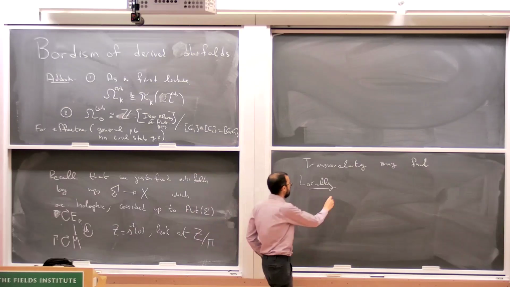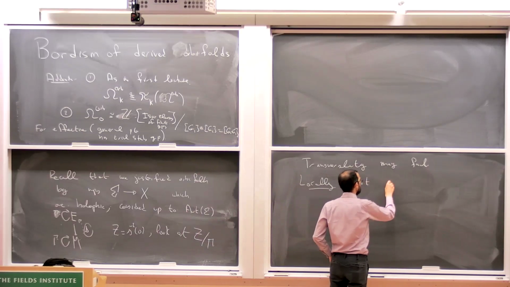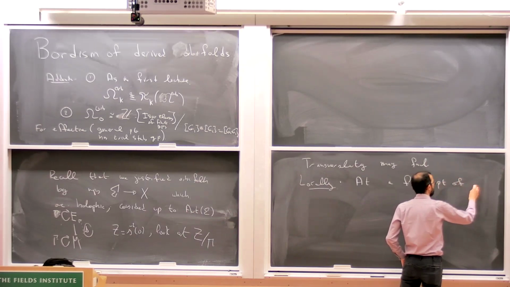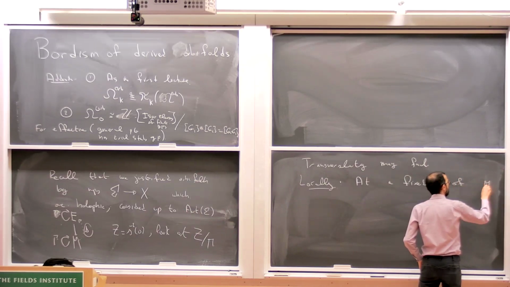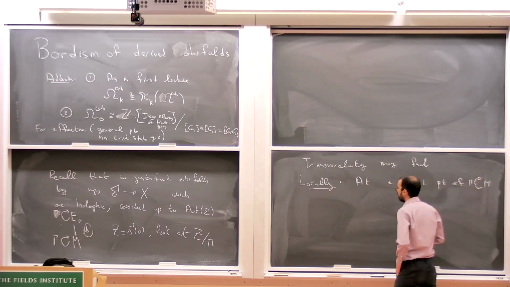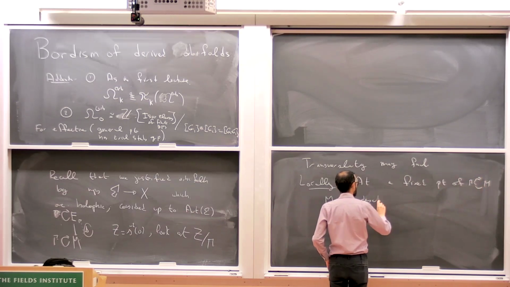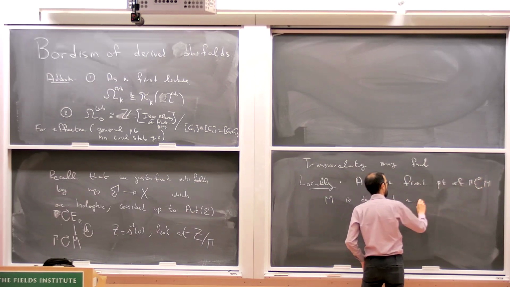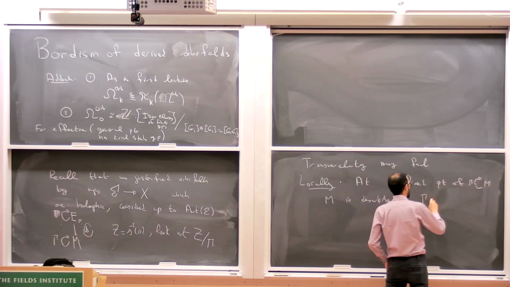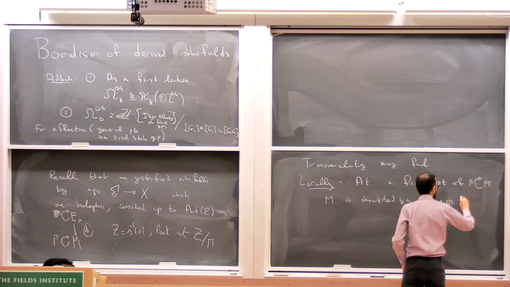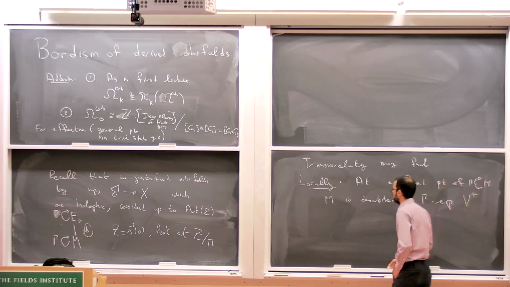So a fixed point of the gamma action on M is described by some representation, by a gamma rep. Let me call it V plus.